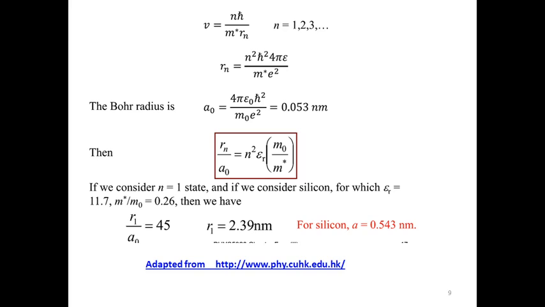If we put in each value, for example, epsilon r, the relative permittivity of silicon, is 11.7, then m star upon m naught is equal to 0.26. If you put all the values in this equation, you get R1 divided by a naught, and this R1 you get is 2.39 nanometer. And for silicon, the Bohr atomic radius is 0.543 nanometer.